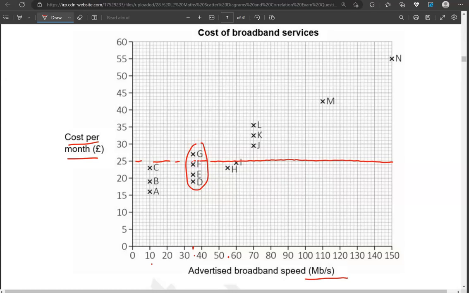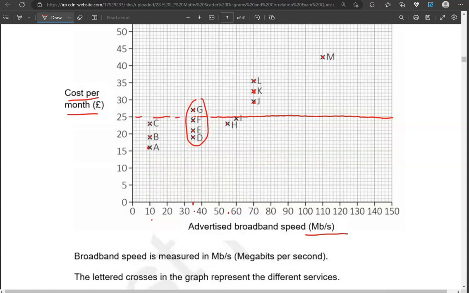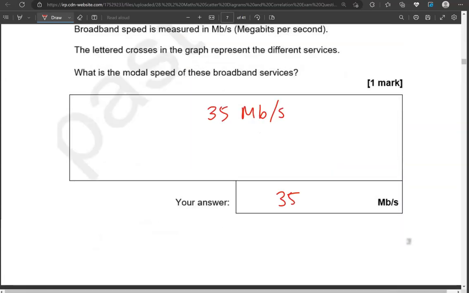So anything above this line. So we have 1, 2, 3, 4, 5, 6 out of 7, 8, 9, 10, 11, 12, 13, 14. So 6 out of 14.